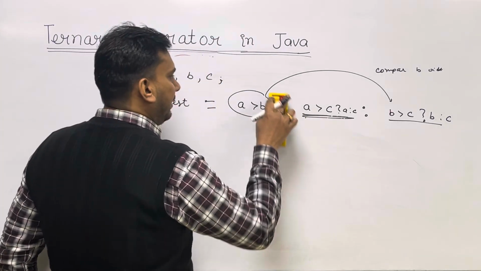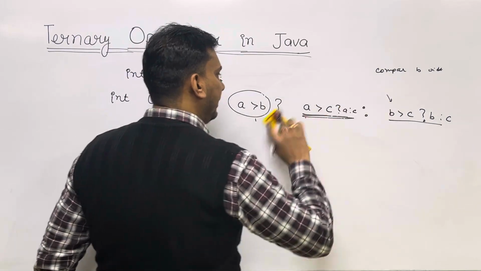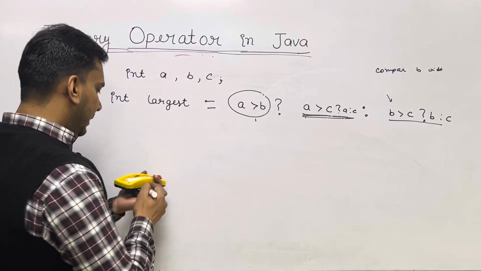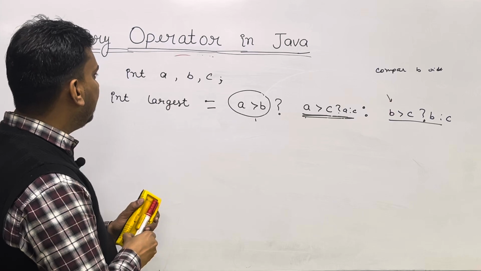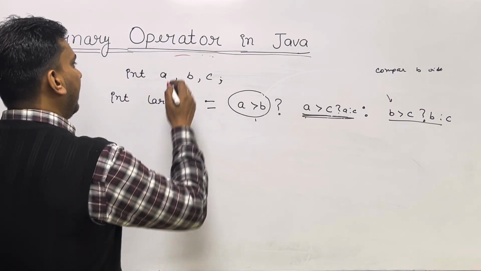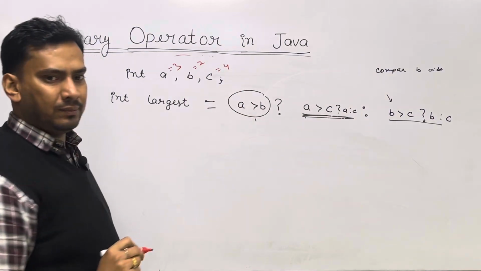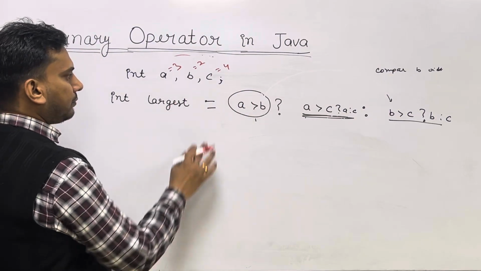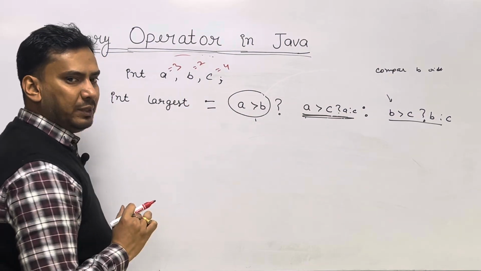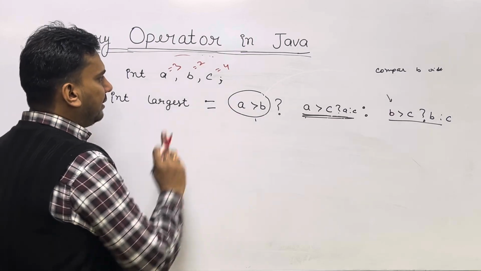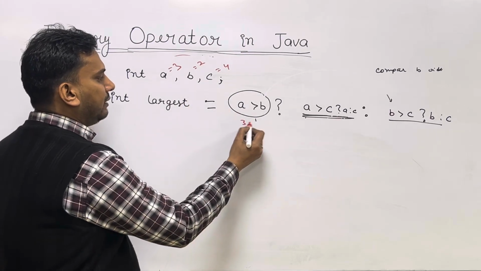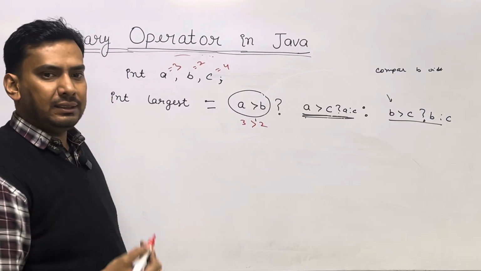Let me explain it once again now with the code. Let us say I have given certain values here, a is 3, b is 2, c is 4. So how is this code working? I will compare a with b. A is greater than b, you check here 3 is greater than 2, the condition says yes.